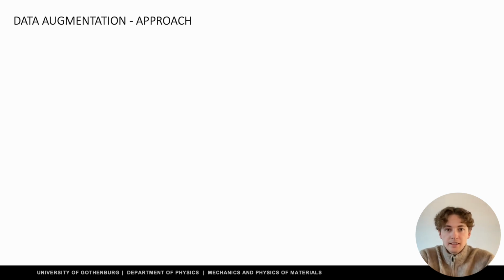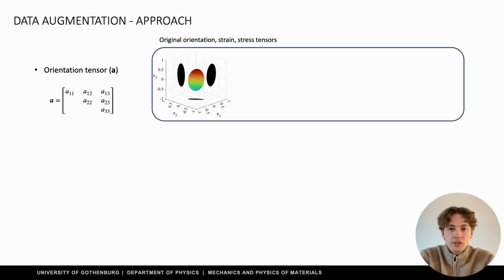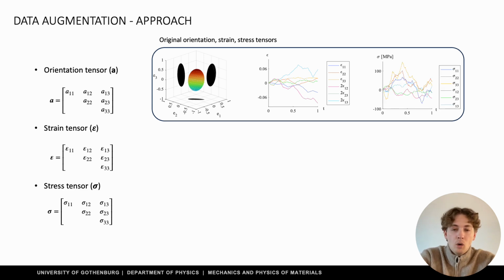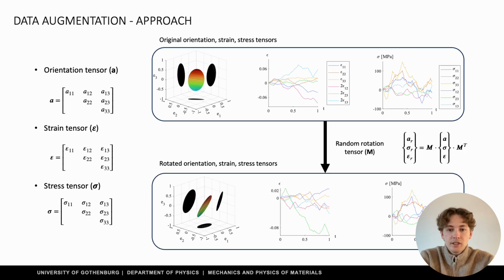To generalize this process for any fiber orientation, we focus on rotating our dataset using a rotation tensor to rotate the orientation tensor, which contains the probability of the orientation of the fibers, and the strain input as well as the stress output of an RVE simulation. By starting with these tensors, we apply a random rotation tensor to create a new version of the data.